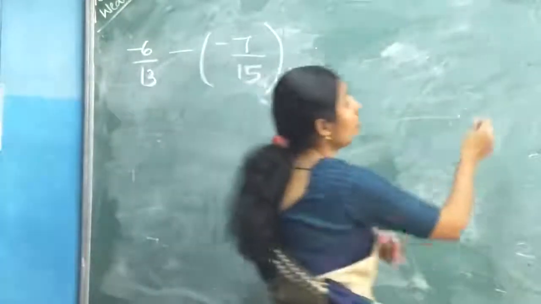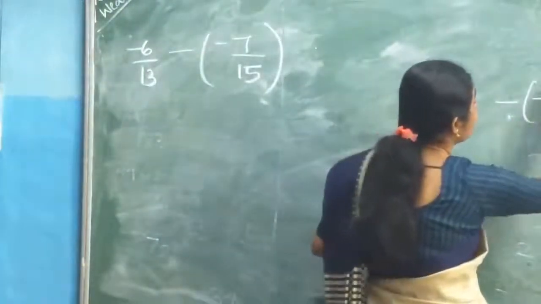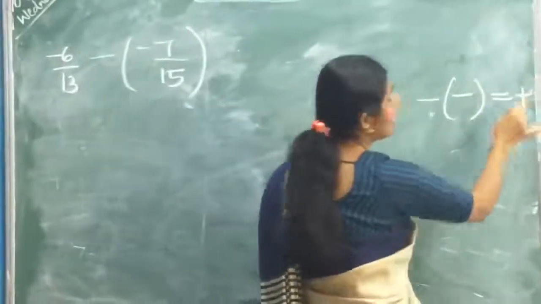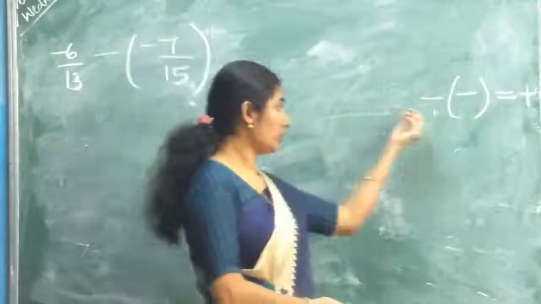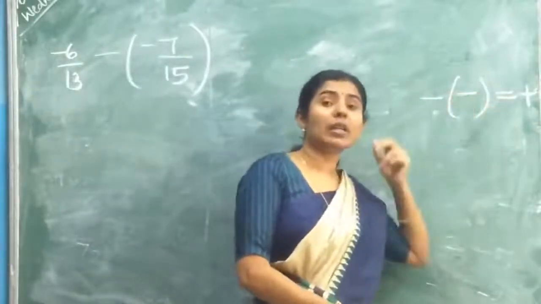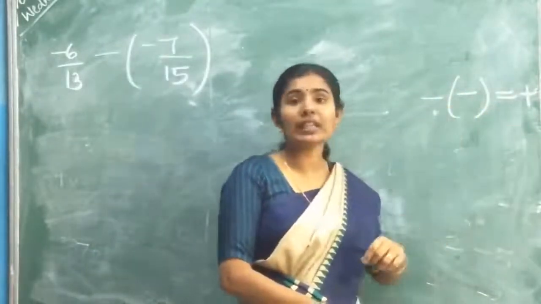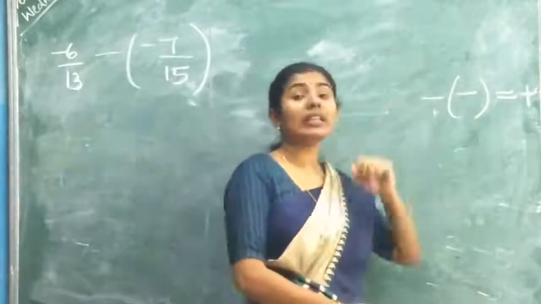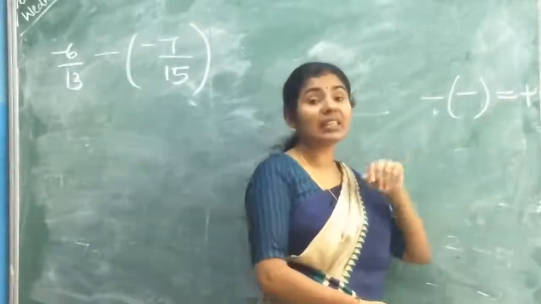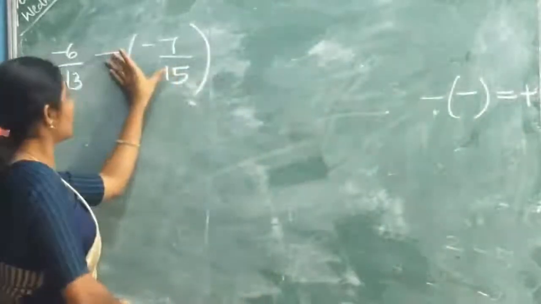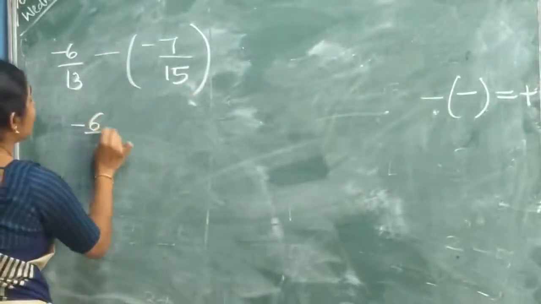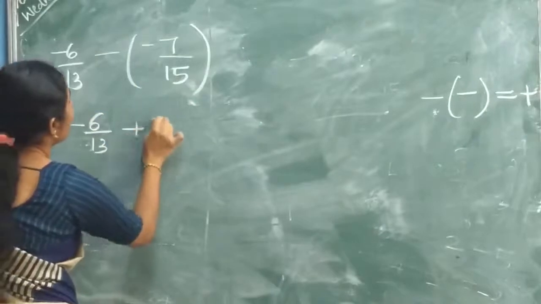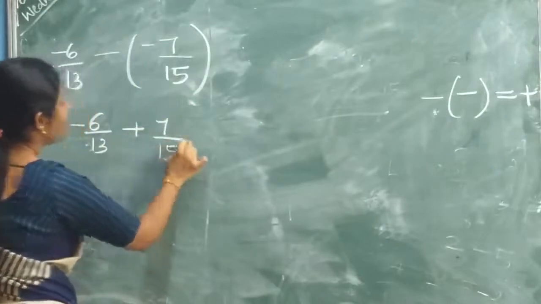Now you should know one thing: minus of minus you should give plus sign. You have studied the multiplication rule. When you multiply minus by minus you will get positive sign. So minus of minus, which sign should you give? Plus sign. So this changes to plus. So how can you write? Minus 6 by 13 plus 7 by 15.